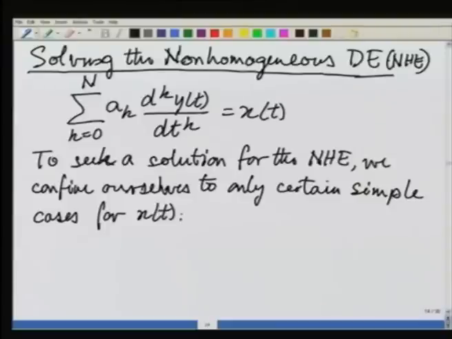What are these simple cases? What constitutes a simple case? The answer is the following. We want to consider such x t's for which y t will be of the same form as x t.